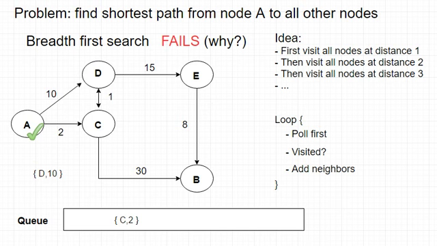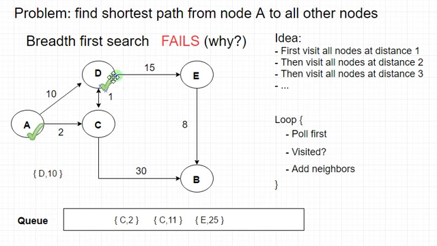So have we visited D before? No. So we will mark it as visited, and then we will add its neighbors. So we will add 11 distance to C, and we will add 25 distance to E.